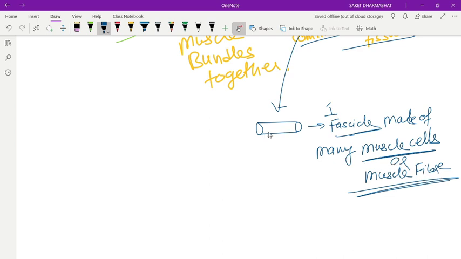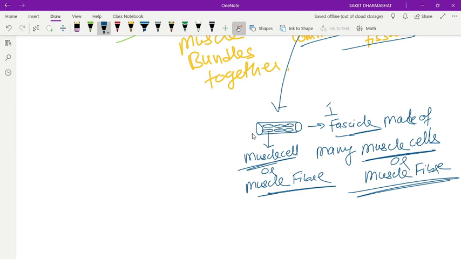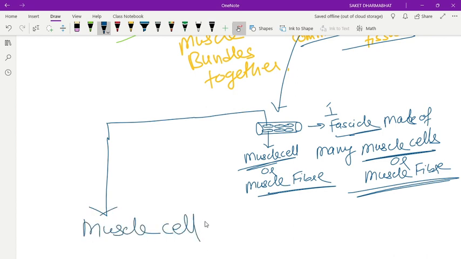So many muscle cells or muscle fibers combine and form fascicles. This is a muscle cell, also called a muscle fiber. So many muscle cells combine and form one muscle bundle or fascicle. Now we will see the structure of a muscle cell, or muscle fiber, anything we can say.